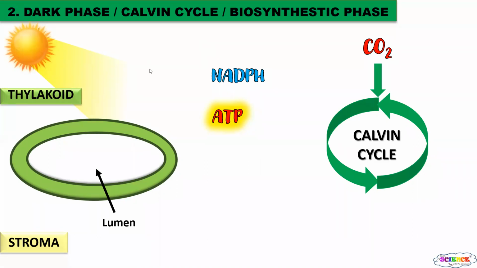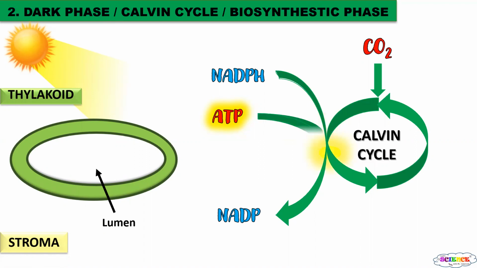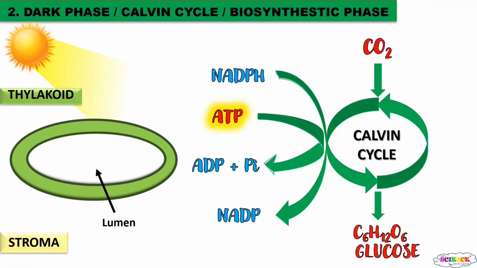Hydrogen from NADPH and energy from ATP are used to convert this carbon dioxide into glucose. So carbon dioxide absorbs hydrogen from NADPH, uses energy from ATP and gets converted into glucose, that is C6H12O6, and the food is prepared.